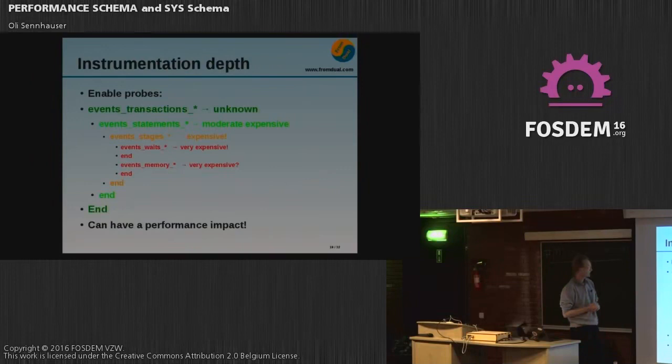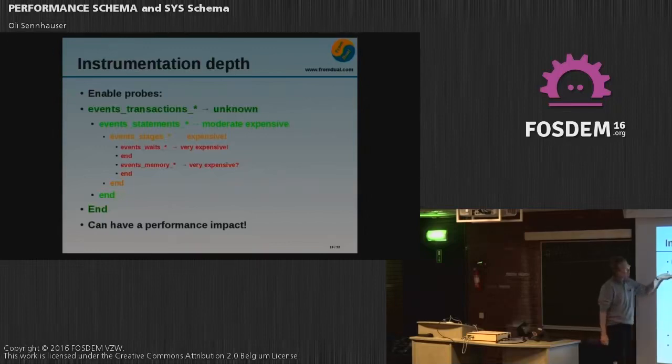enabled probes and disabled probes, we can have probes on a transaction. So they are counted every time you run a transaction. Then on every statement, those are the cheap ones. And they are enabled by default. And then inside a statement, we have the stages. That's what you get out of SHOW PROFILE. And they are a little bit more expensive, so they are disabled by default. And inside a stage, you have even waits and maybe also memory allocation, which is even more expensive.